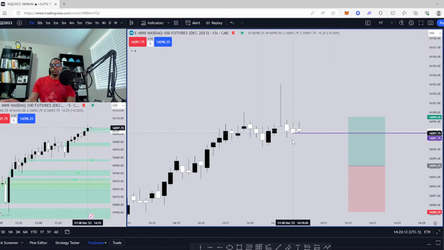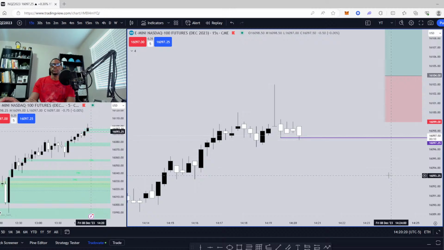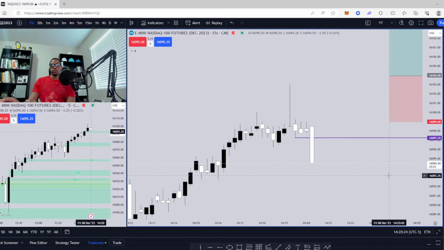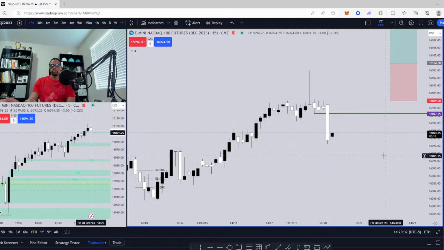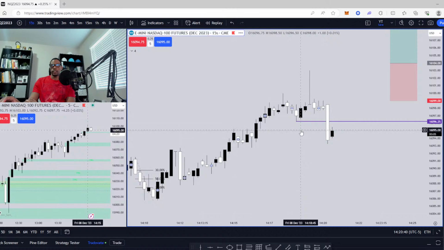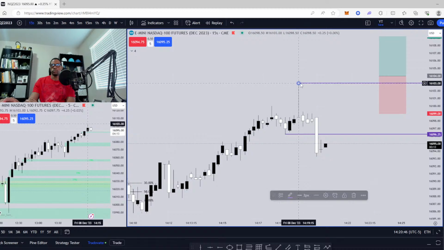Okay, now our closest swing low is here. Okay, step 2 is done. Now that we had several lows broken, let's wait for this high to be taken. We need this high to be taken before we get into a new trade.